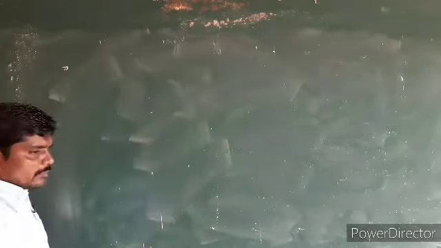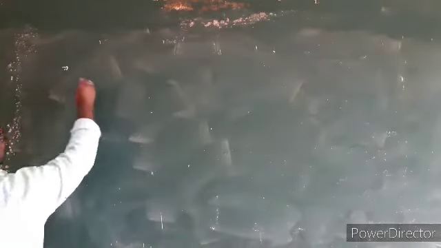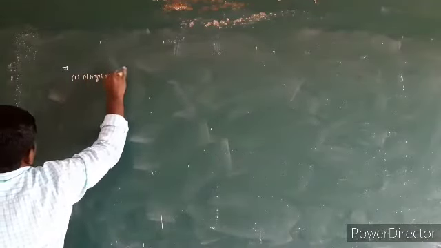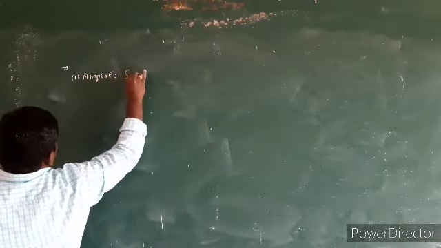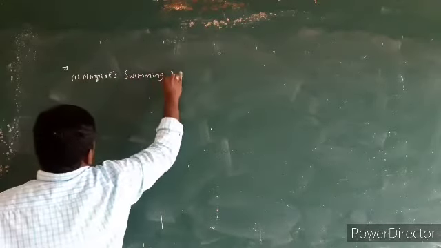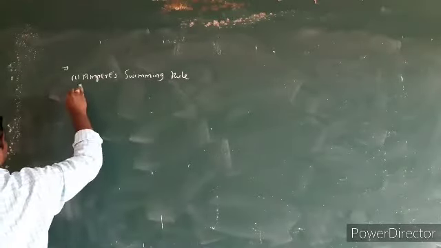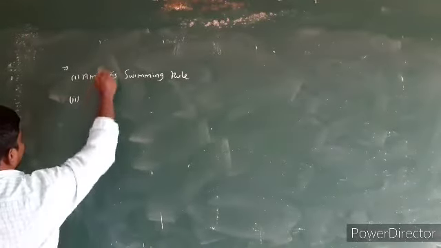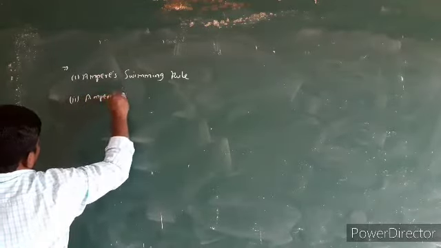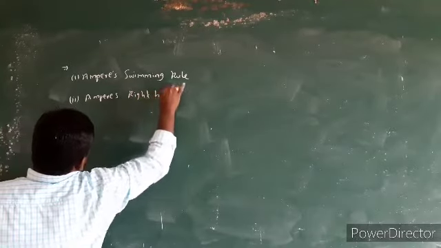To know the direction of the magnetic field around a conductor, there are three rules. First one is Ampere's swimming rule. Second one is right hand thumb rule.